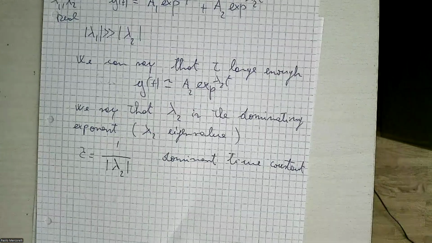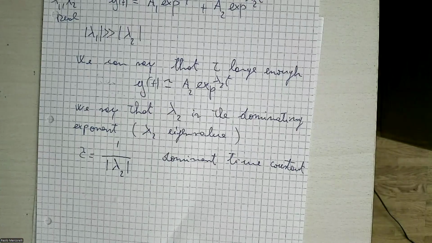Now, with the time constant, we can approximately choose the dynamics, because you remember, typically we consider 5 times the time constant, 7 times the time constant, in order to achieve our goal.